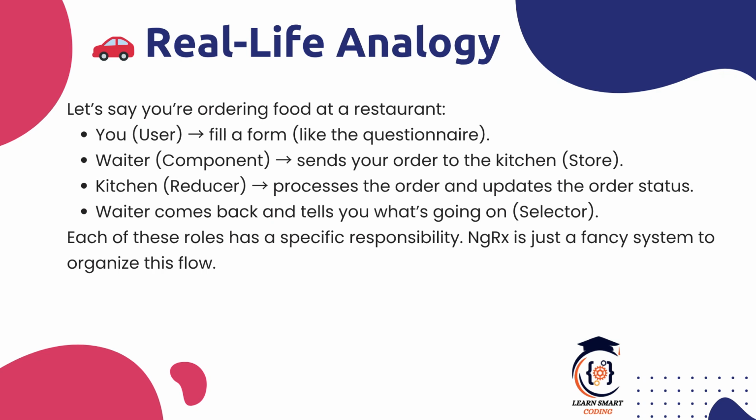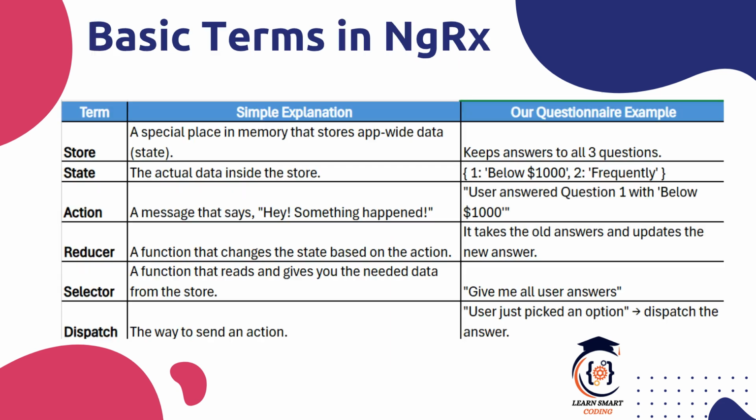That is nothing but a selector. So the important concepts here are user, component, reducer, selector, and store, and each of these plays a specific responsibility. Basically NgRx is just a fancy system to organize this flow. Okay, stay with me, don't worry even if you don't understand, we will go step by step.